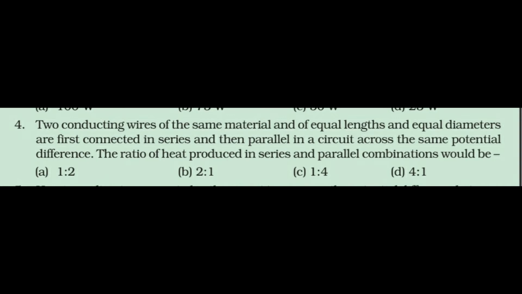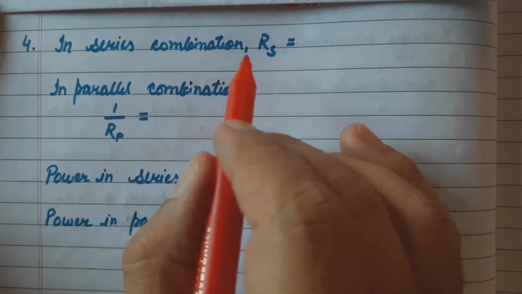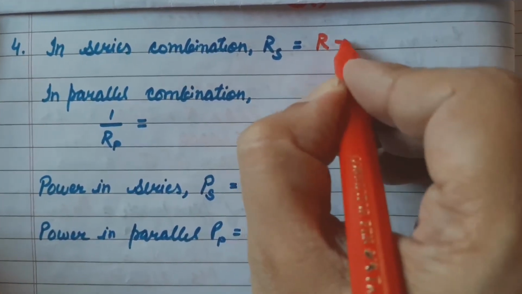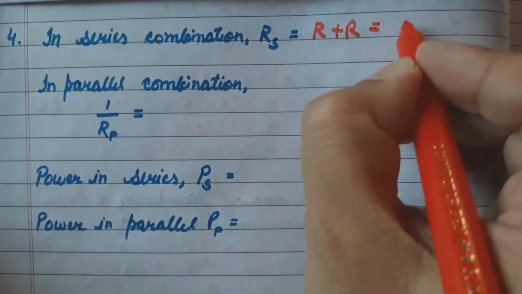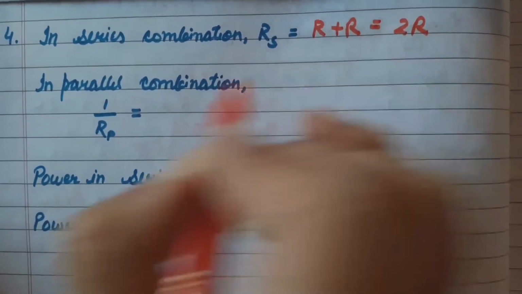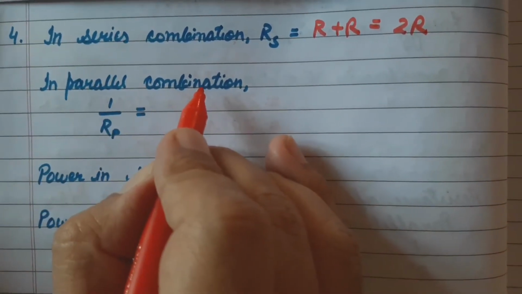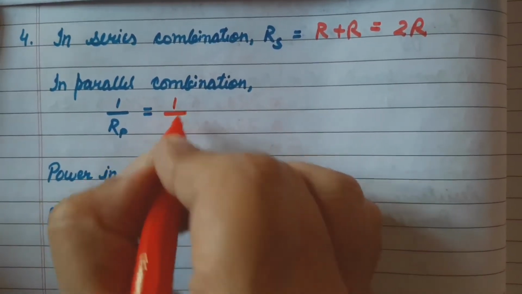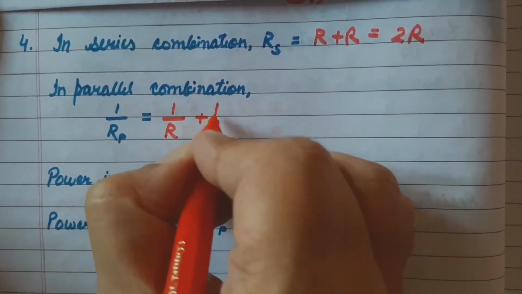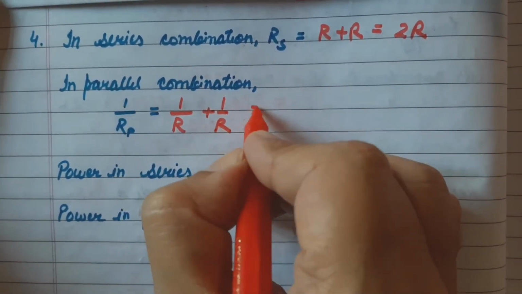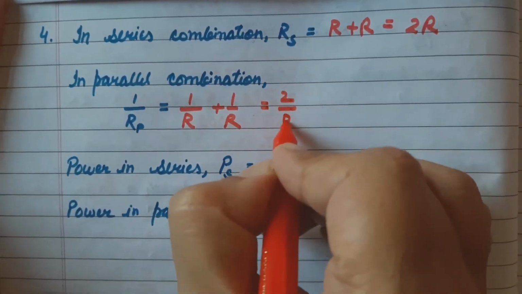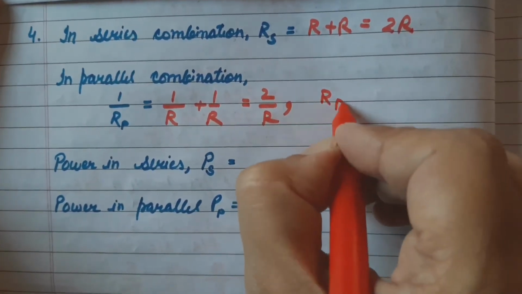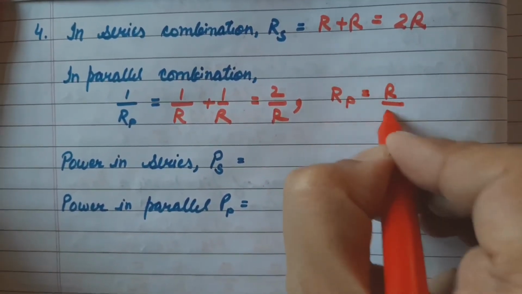In series combination, equivalent resistance Rs equal to R plus R, which is 2R. When they are connected in parallel combination, 1 upon Rp equal to 1 upon R plus 1 upon R, which will be 2 upon R. When we calculate Rp, then it will be equal to R by 2.